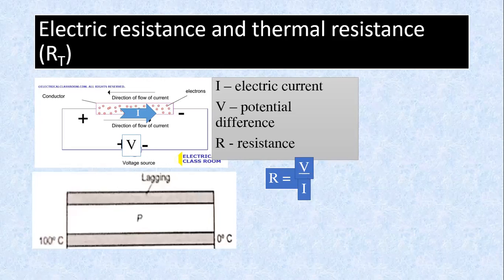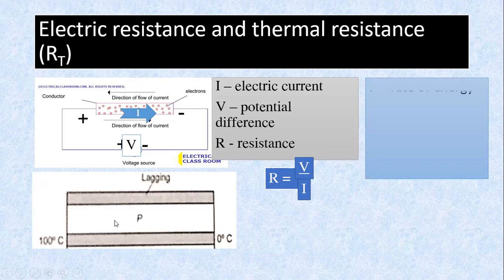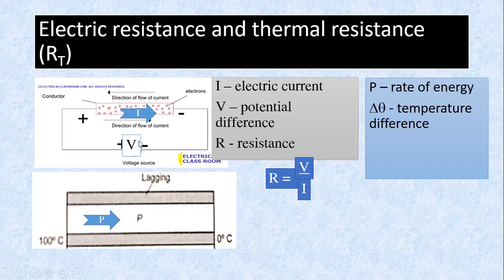So if it is a conductor of heat, same thing. But the current flowing in this case is the P. P is the one that's flowing, the rate of flow of heat energy. And then instead of V, potential difference, we have your delta theta, temperature difference between the two ends.